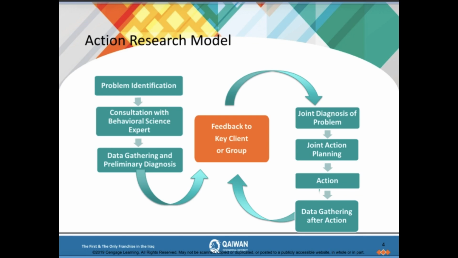So this model is actually a cycle. We diagnose, act, and evaluate, and then we improve continuously. So you can see the model like research, action, feedback and then improvement, a continuous cycle.